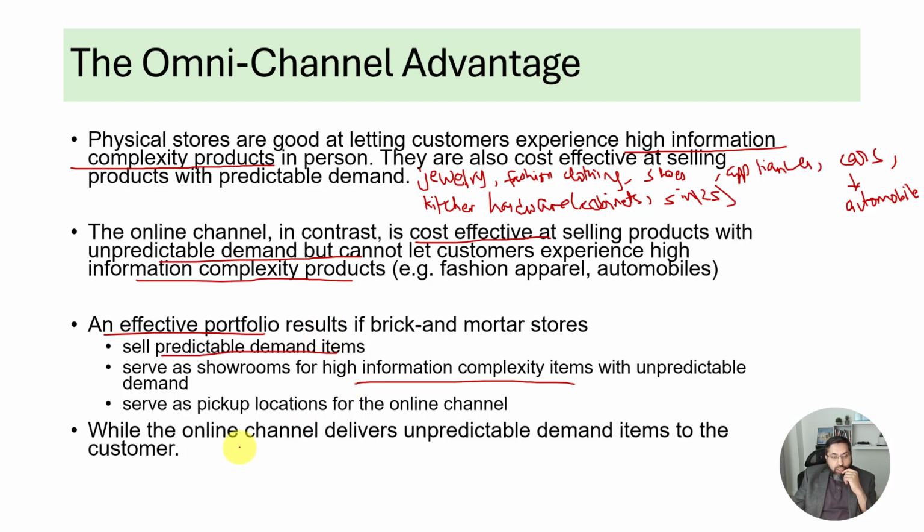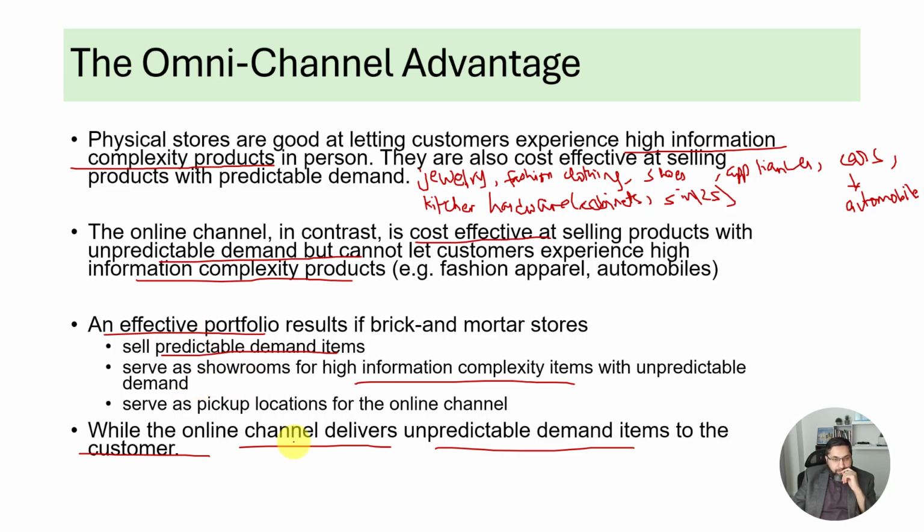And then you can use the online channel for unpredictable demand items or rare items, or for larger customer orders where it makes sense to deliver to the customer's home. And so together, online plus physical is able to meet the needs of a large number of customers, different customers, different types of products, and different types of customer needs.